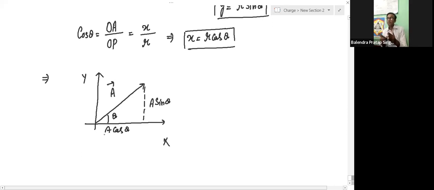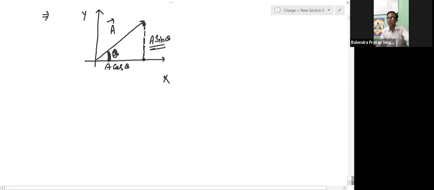Then always remember, the component which is just in front of the angle theta is your vertical component, and the other one is horizontal. So I'm giving a very short problem.